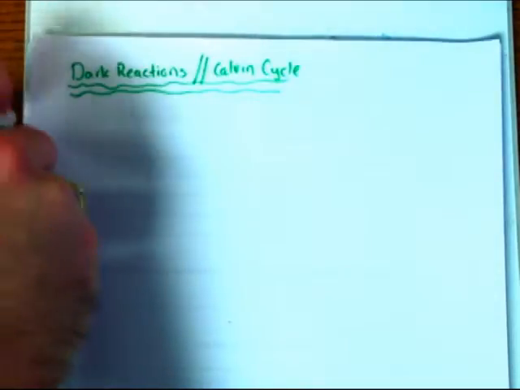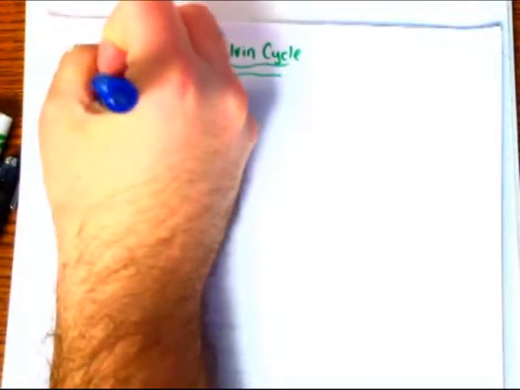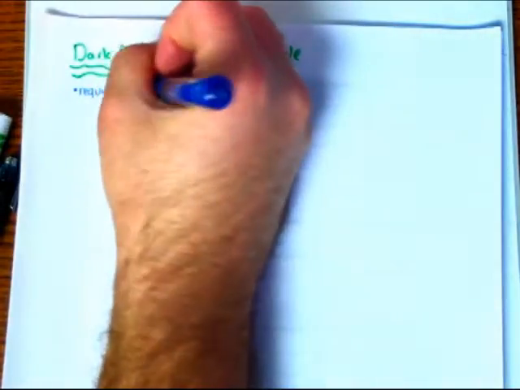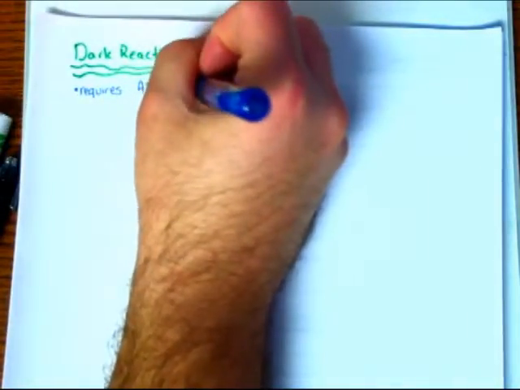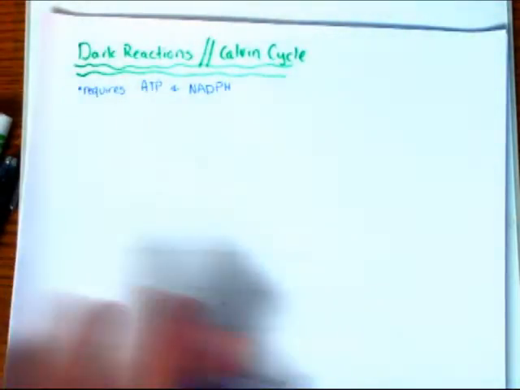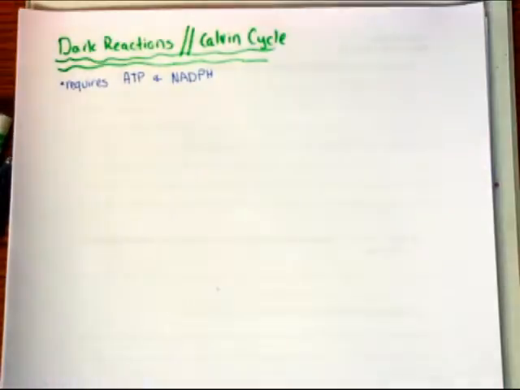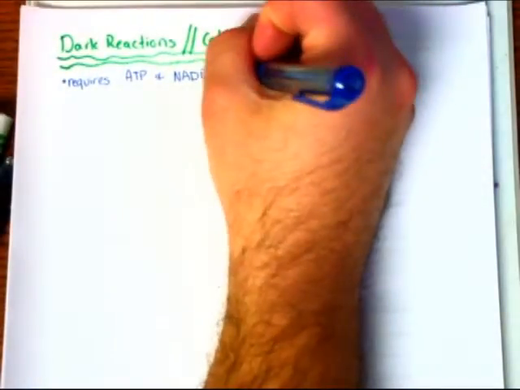The first thing that needs to be mentioned is the requirements. It requires ATP and NADPH. Where does the Calvin cycle, the dark reactions, get that from? The light reaction.